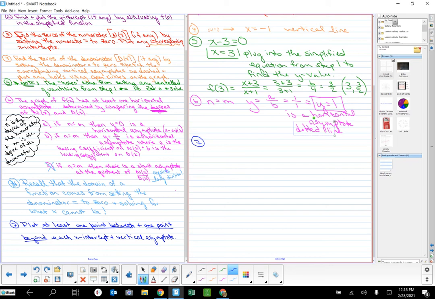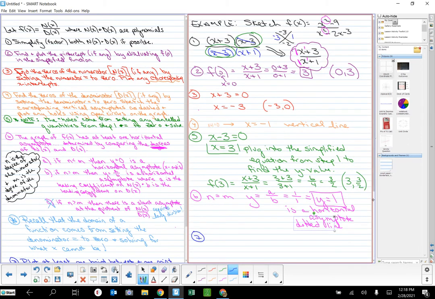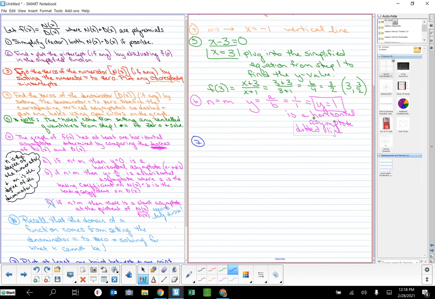So if I go back to my graph, I need to know what's happening on either side of this x equals -3, my red dot here. I'm going to see what happens at x equals -4 and -2. So we're going to make an XY table. You're going to make an XY table.